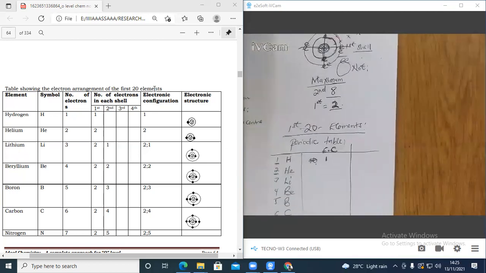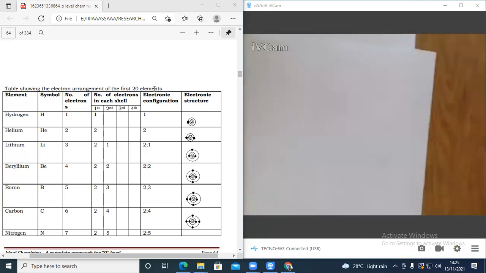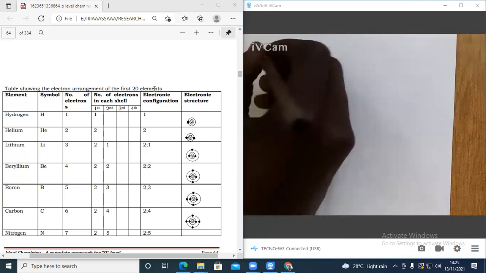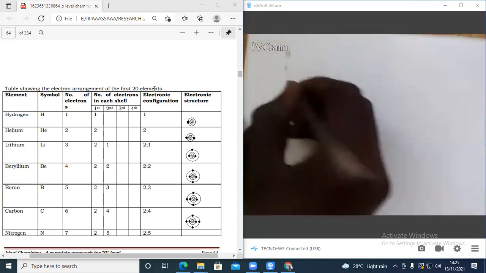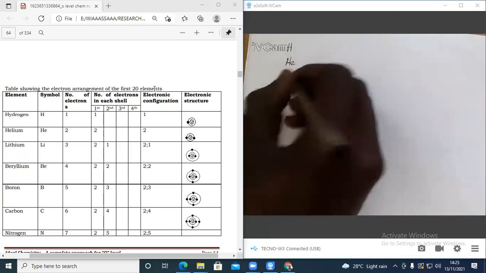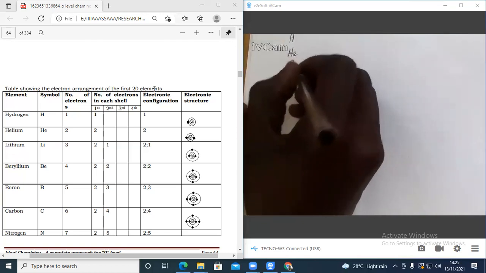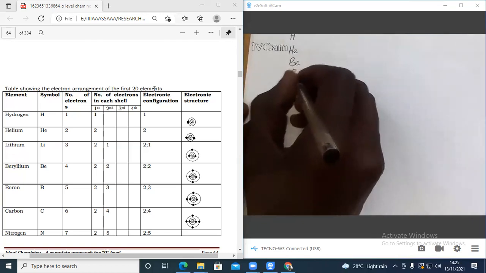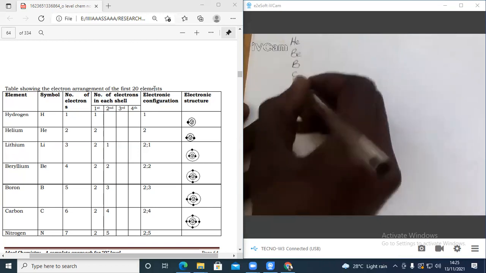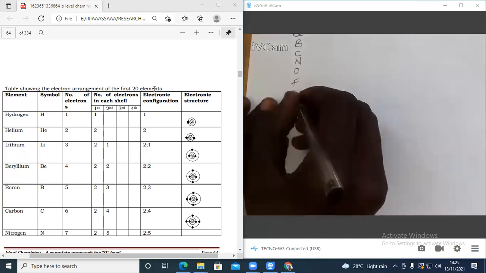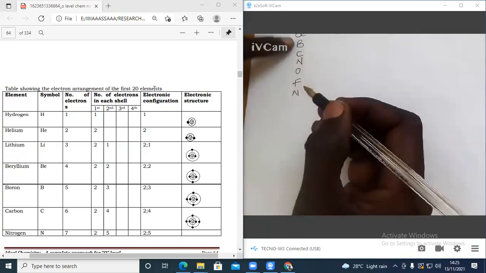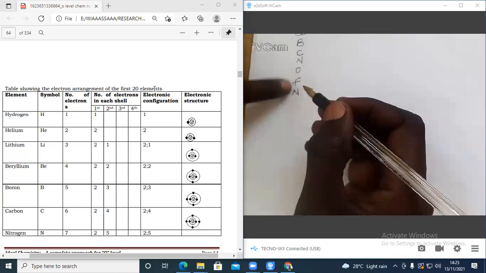Let me draw a clear table this side. We have the first 10. The first one is hydrogen, helium, then lithium, beryllium, boron, carbon, nitrogen, oxygen, fluorine, and neon. This is 1, 2, 3, 4, 5, 6, 7, 8, 9.